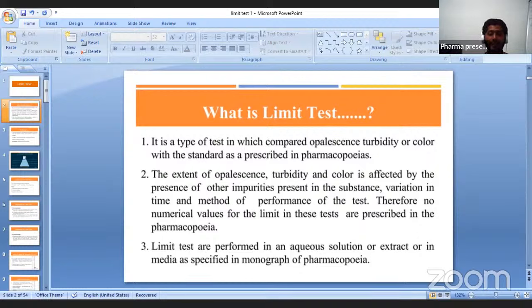Then it forms arsine gas. On reacting with mercuric chloride paper, this gives a mercuric chloride arsenic complex, which stains the paper. We will be comparing these stains of the test as well as the standard, checking how much darker or brighter the stain is. Based on that, it will be accepted or failed.